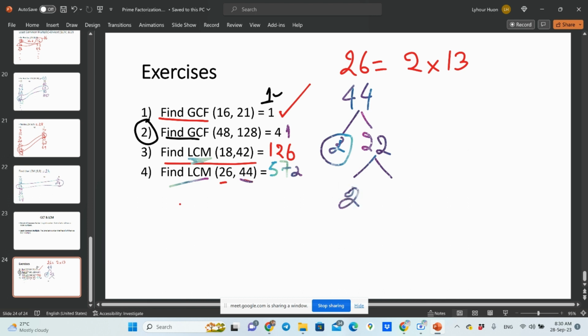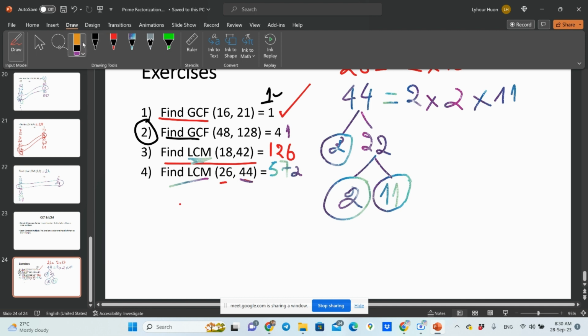So 2 is a prime number, and 11 is also a prime number. So that is our result. So 44 is equal to 2 to the power of 2 times 11, right? Yes, correct: 2 times 2 times 11.